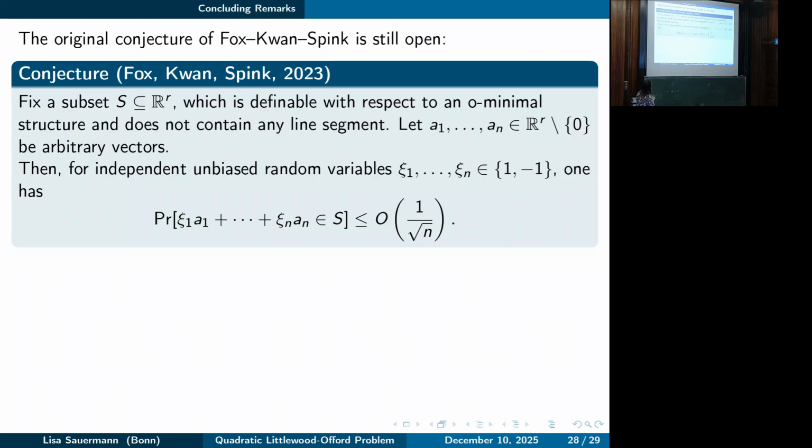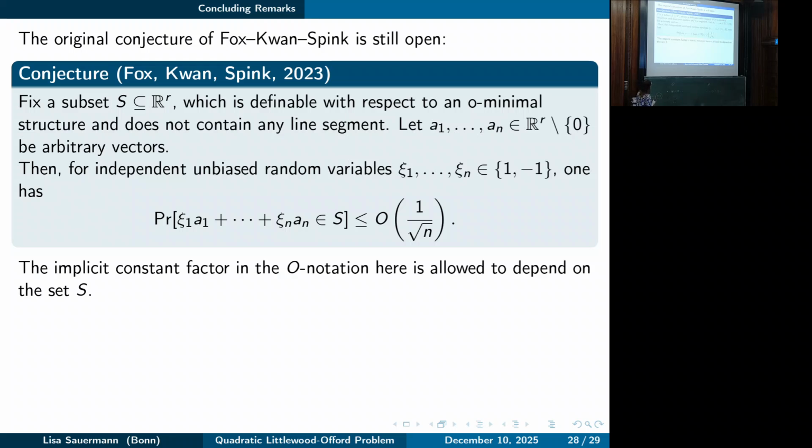It says: if you have a subset S of R^r which is definable with respect to an O-minimal structure and does not contain any line segment, and again you have arbitrary non-zero vectors, then if you take random plus minus 1 coefficients, the probability that this lies in the set S should again be at most on the order of a constant over square root n. And here, coming back to your question before, the implicit constant factor in the O notation is allowed to depend on the fixed set S.